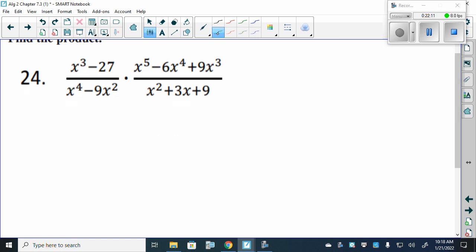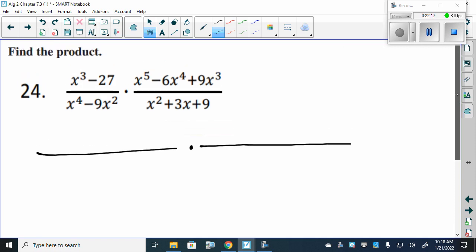So what do we do first? Cube root of 27. X cubed would be 3, because 3 times 3 would be 9, times 3 is 27. So the cube root of 27 is 3.